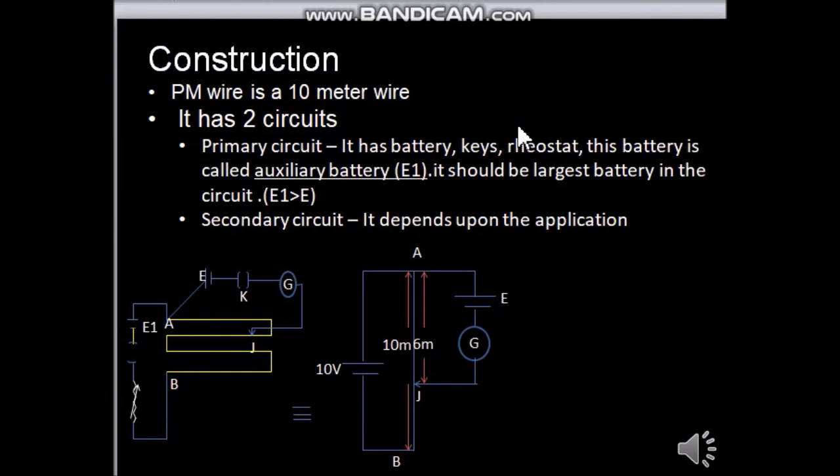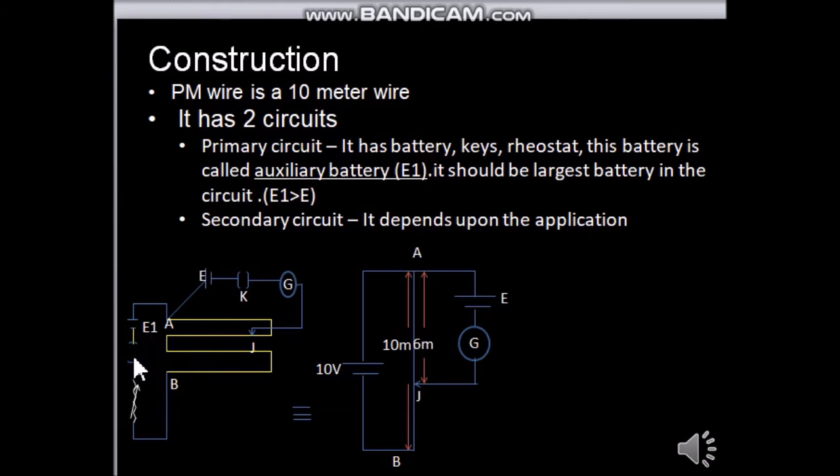Students, here you can see that I have redrawn this potentiometer actual circuit in a simplified manner. This AB wire, which is the potentiometer wire, was shown in zigzag manner. This can also be shown in a straight manner, A to B. This is of 10 meter. Then between AB on the left side, one auxiliary battery E1 is connected.